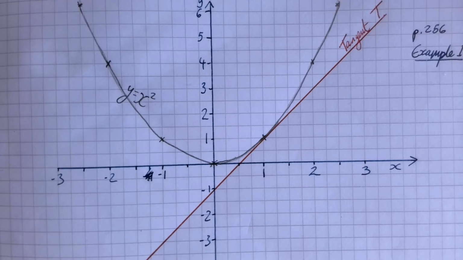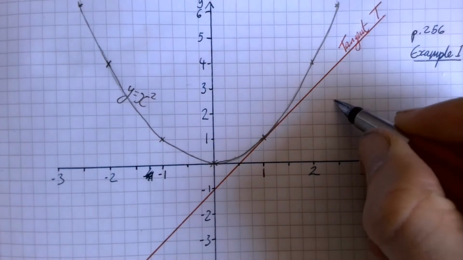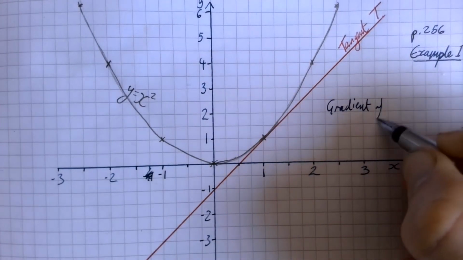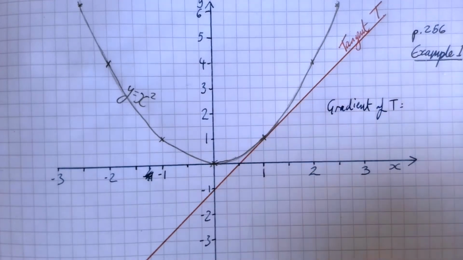So you'll like to pause the video now and just make a copy of the diagram that's there. It's the same thing as what's in the textbook, but it's just fitting the squares in your books better. And when you've done that, the first question that we need to do is to calculate the gradient of the tangent t.